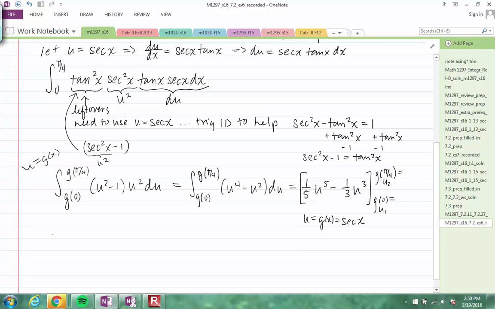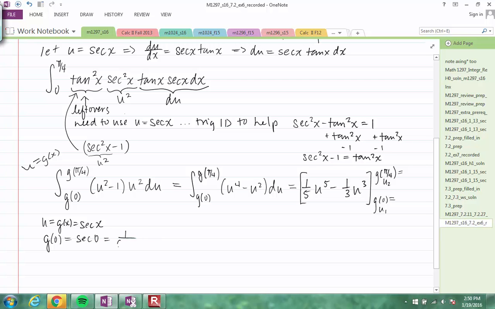I need a little bit of room, so I'm actually going to go all the way over here to the left and start doing that. So I'm going to grab this, bring it over. So g of 0 is secant of 0. If you got that just off top of your head, congratulations.